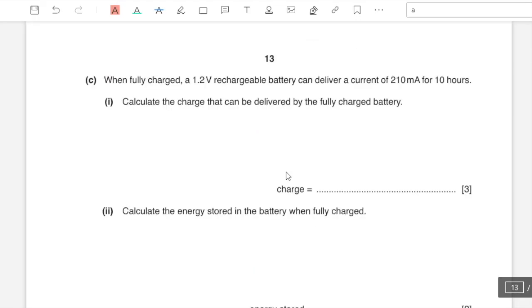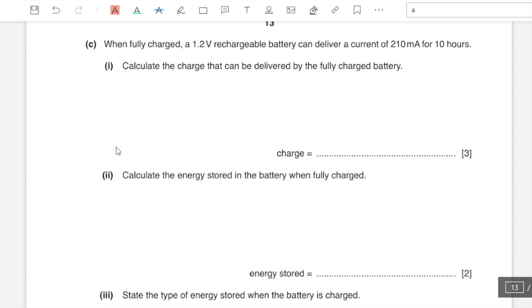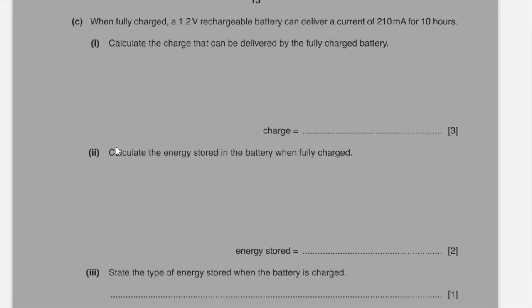C. When fully charged, a 1.2 volt rechargeable battery can deliver a current of 210 milliamperes for 10 hours. 1. Calculate the charge that can be delivered by the fully charged battery. Alright, so first I'll start by converting 210 milliamperes to amperes by dividing it by 1000, and that gives the answer as 0.21 amperes.